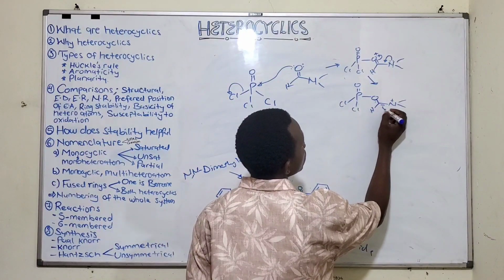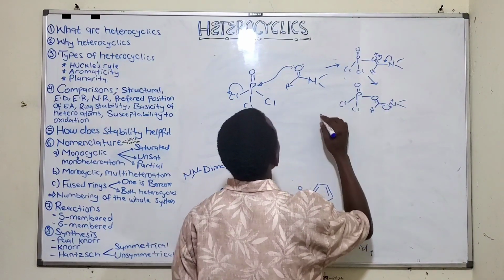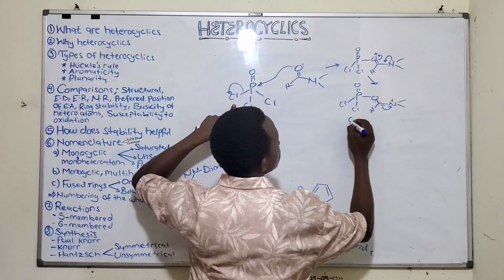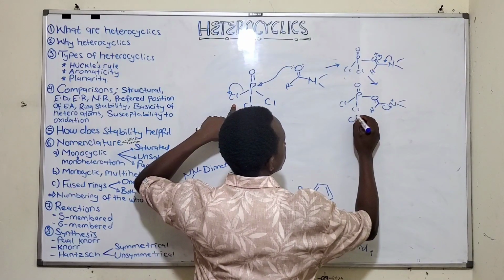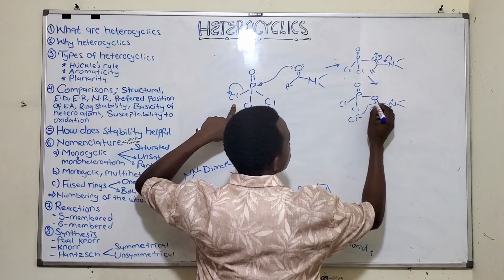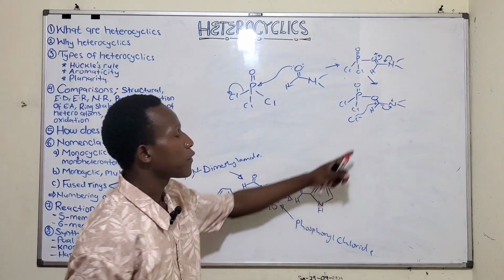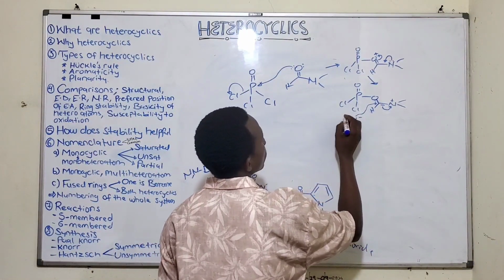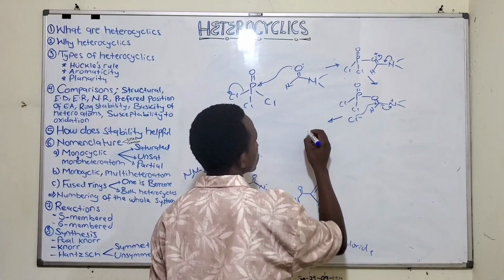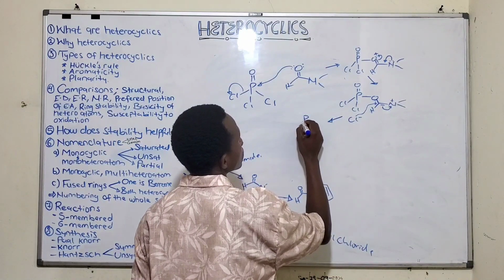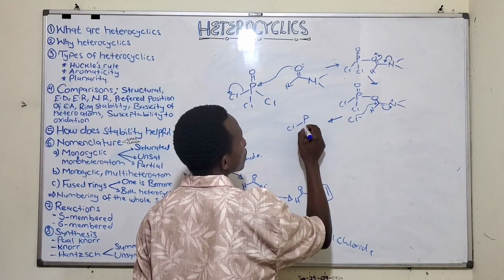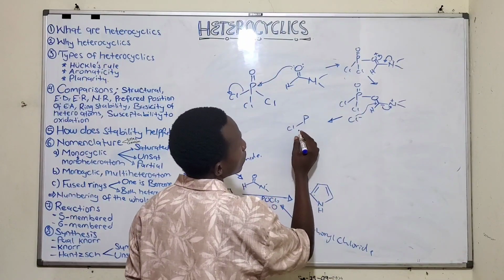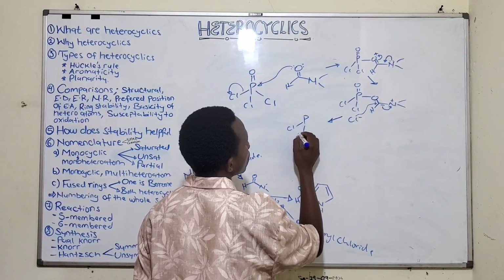As N tries to stabilize, this chloride, which is now a nucleophile, will come and attack this carbocation which will be formed. So we shall form this. We have a P, a chloride, and a chloride.